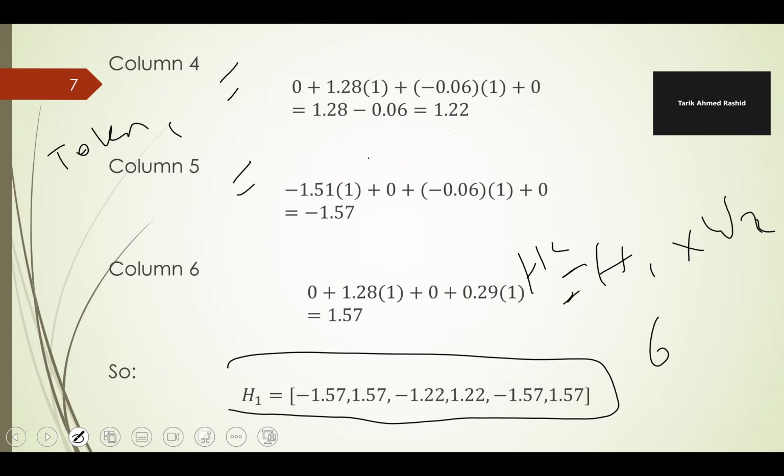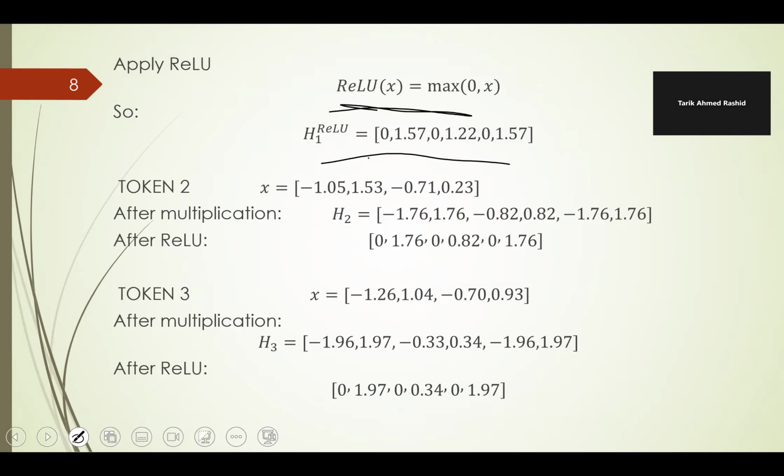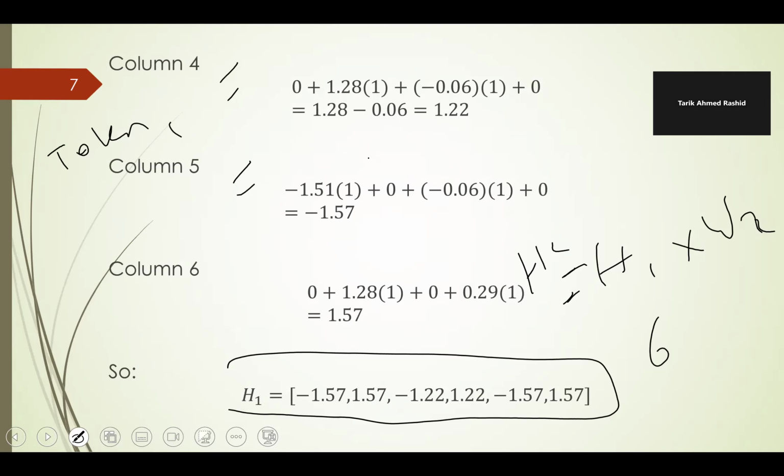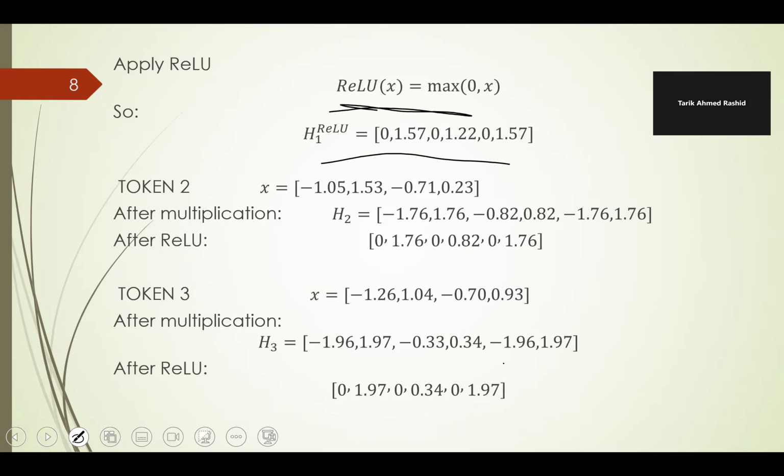So what does it do? Negative values will go to 0 and we take the max of it. So any negative will go to 0, and that stays at this. This is 0, this is 0, this is 0, and the rest will stay as it is. So that is 0, 0, and the rest will stay.